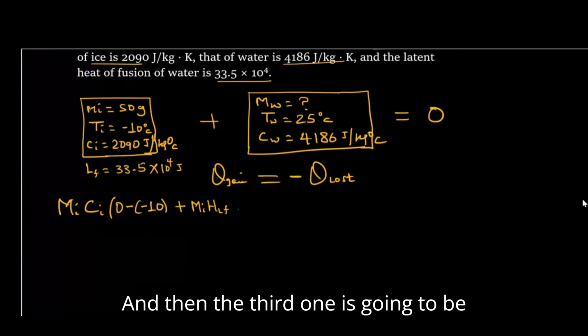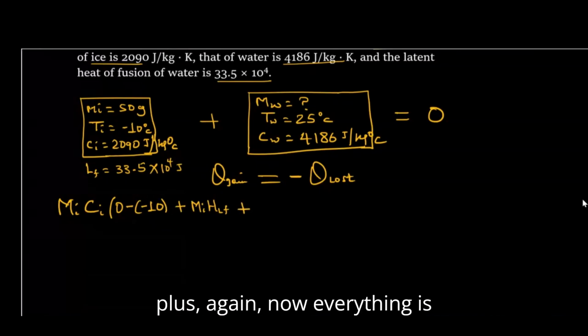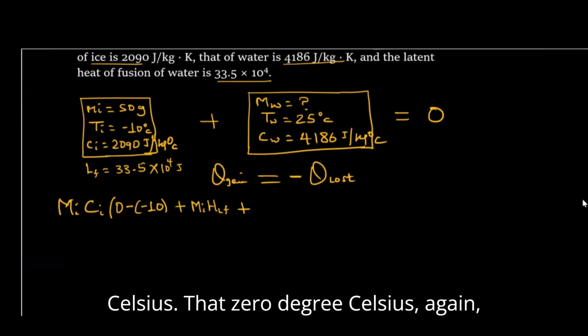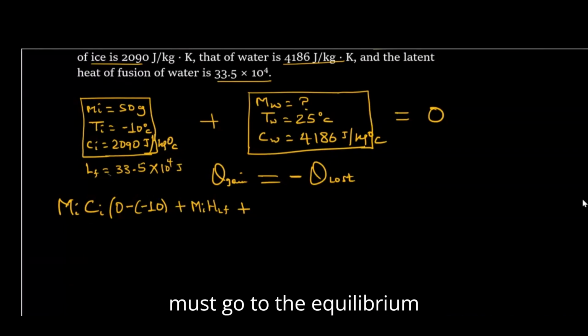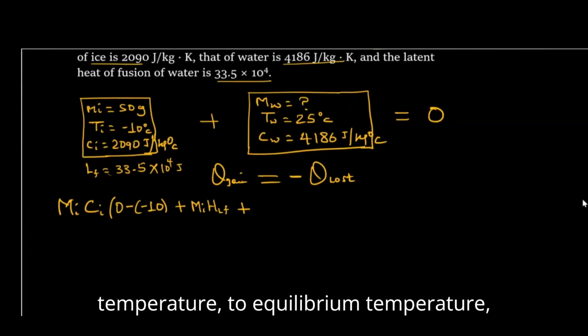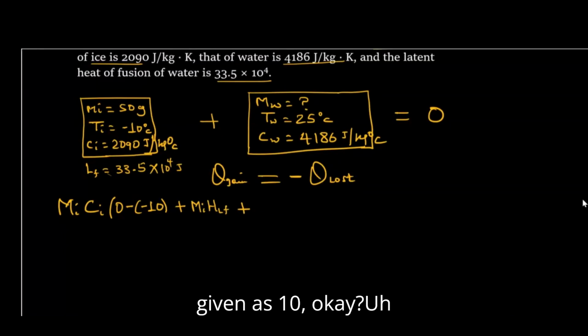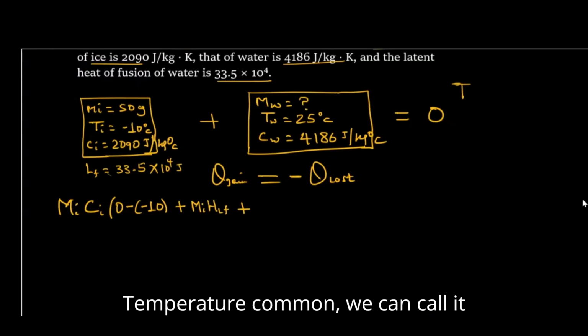And then the third one is going to be plus, again, now everything is melted, everything is at 0 degrees Celsius. That 0 degrees Celsius again must go to the equilibrium temperature, which was given as 10 degrees Celsius.